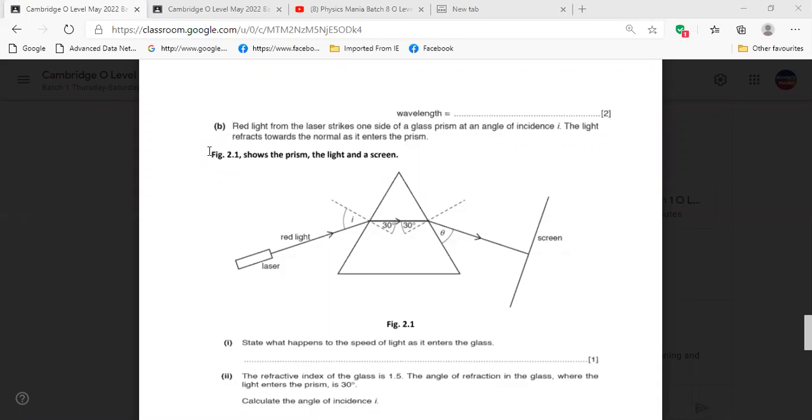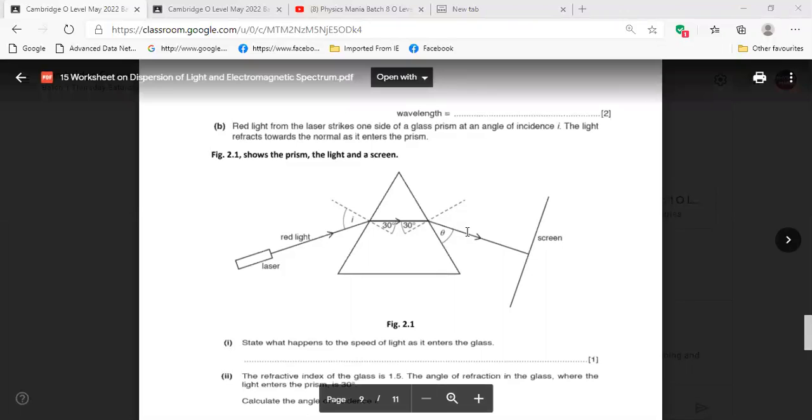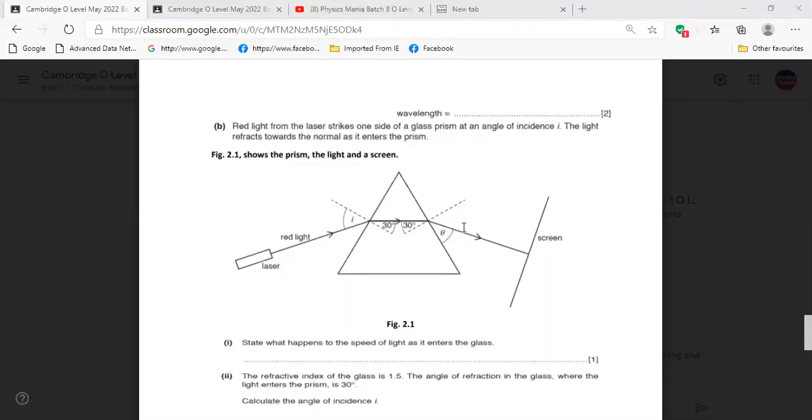Yes, sir. And red light is also monochromatic, isn't it? That's why you see red light is not splitting. It's bending according to wavelength, but it's not splitting. Is it clear? Yes, sir.